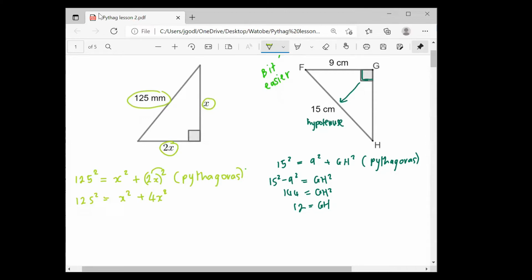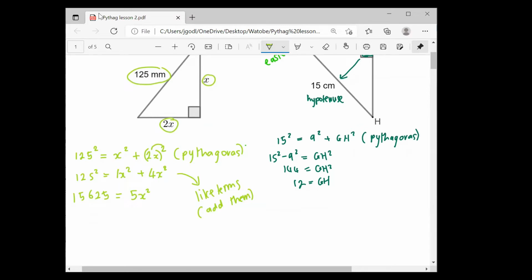Now, if I square 125, we should all have our calculators nearby. I get 15625, and that is equal to 1x squared plus 4x squared, which is 5x squared, because they are like terms. And because they are like terms, we are allowed to add them. Now I want to get x squared isolated, so I'm going to divide both sides by 5, so that 5 will go away.